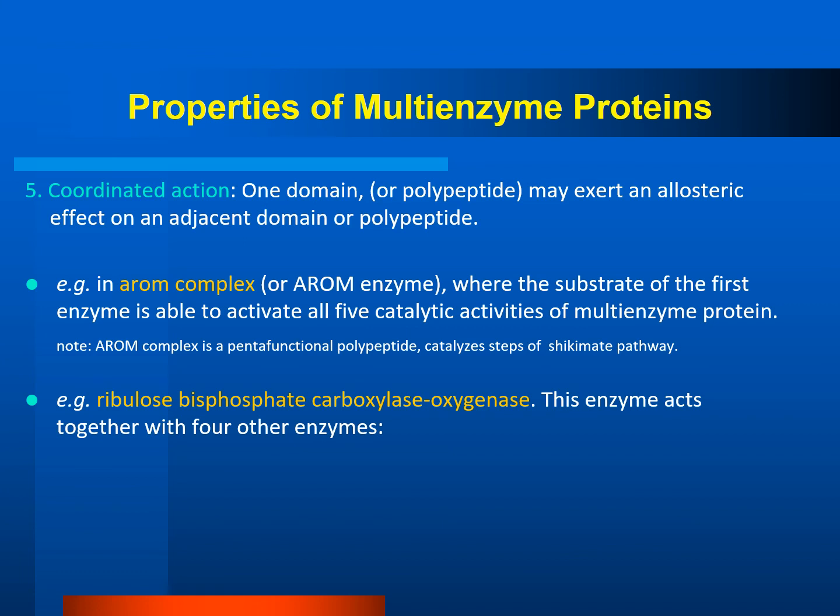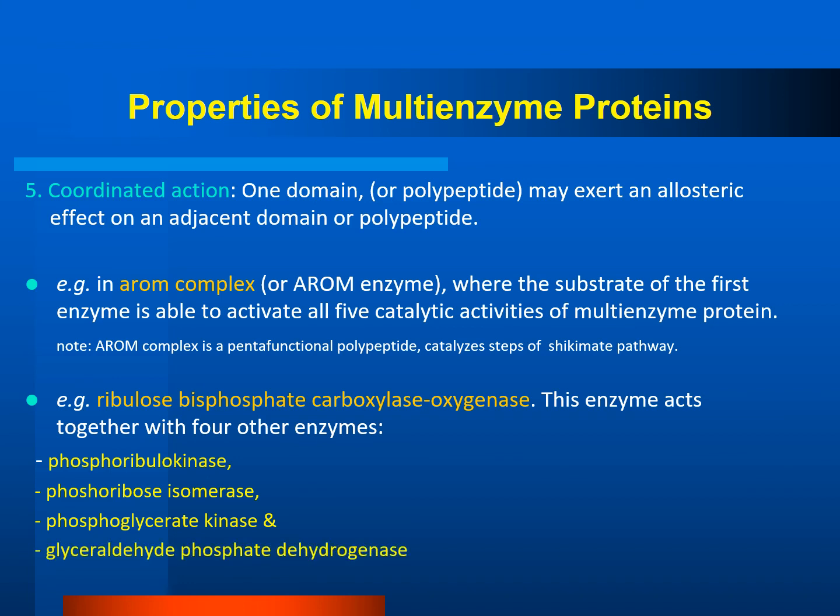Another example is ribulose bisphosphate carboxylase oxygenase. This enzyme acts together with 4 other enzymes. What are they? Phosphoribulokinase, phosphoriboisomerase, phosphoglycerate kinase, and glyceraldehyde phosphate dehydrogenase.